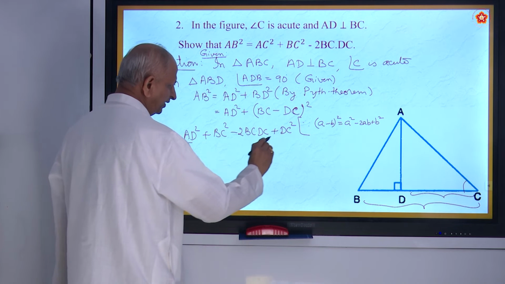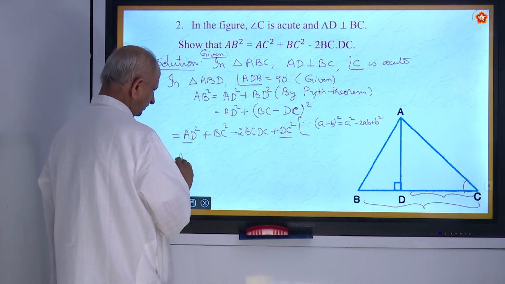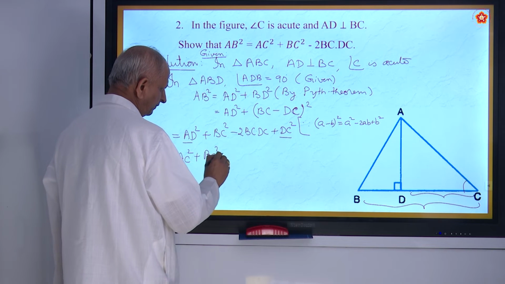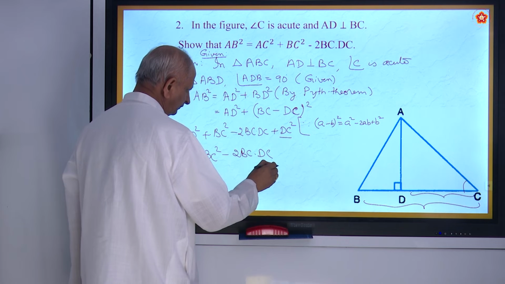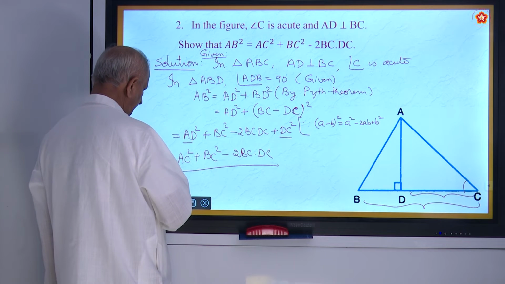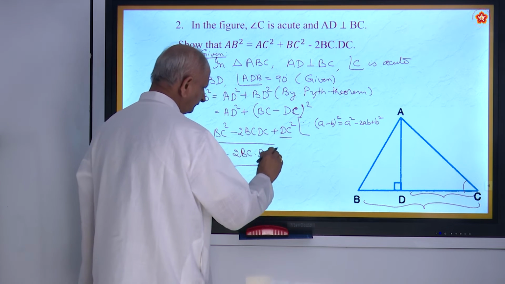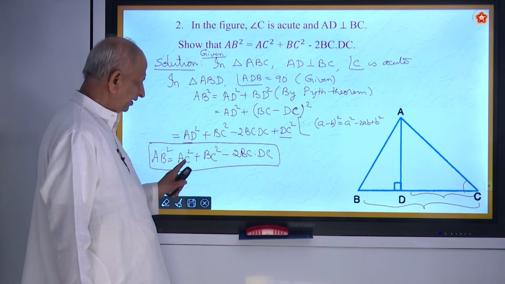Instead of AD and DC, you write it as AC square plus BC square minus 2BC into DC. So a beautiful answer you get. AB square is equal to that, that is the answer. But you must give the reason how it came. How did this AC come?